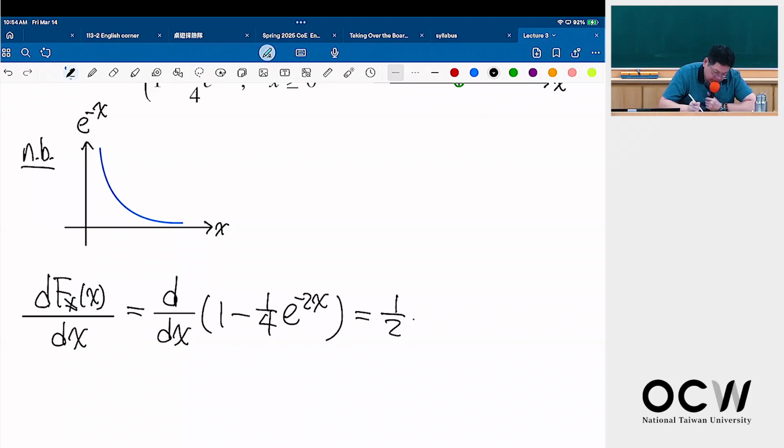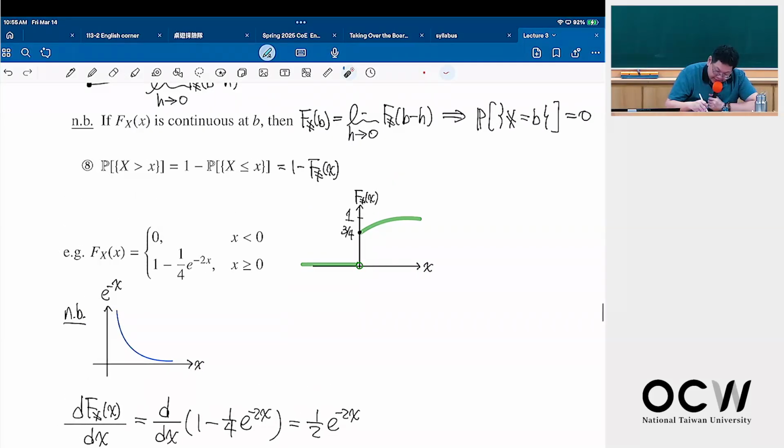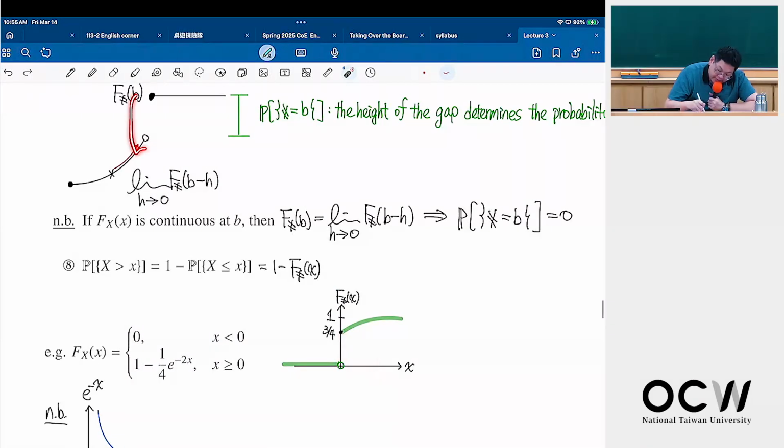That is 1/2 times e to the minus 2x. But we need to see, now the CDF is continuous, but I still have a discontinuity at x equals 0, and here's a gap. And we know that once we have a gap, at that point, which is 0, I should have a probability. So I should express that.